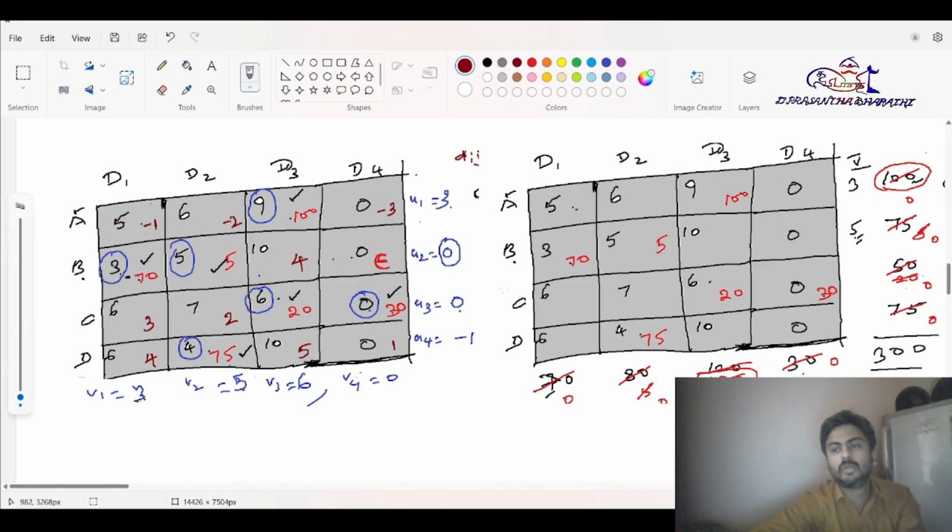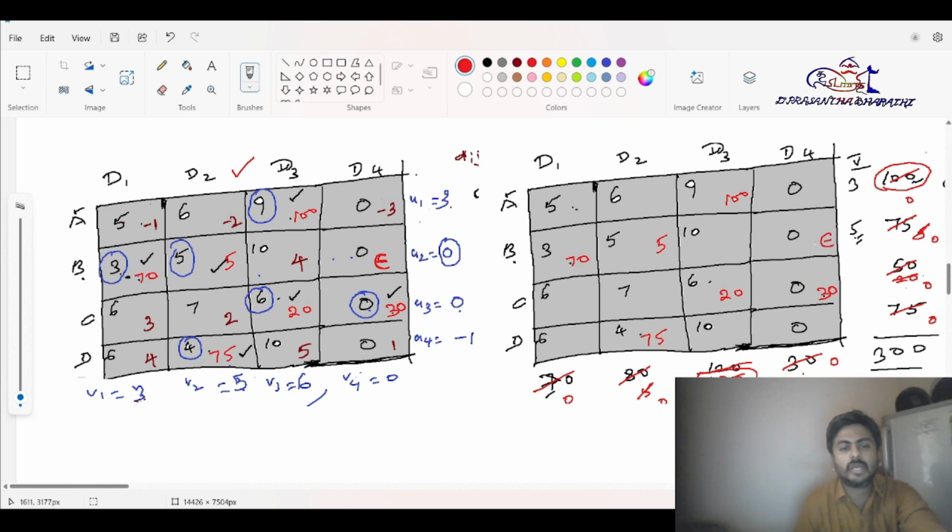Now you are having an epsilon here that is missing in this table, so let us put one epsilon here. Because actually we need to use this table, but since there are some works done on this table, I am going to put the same table here.